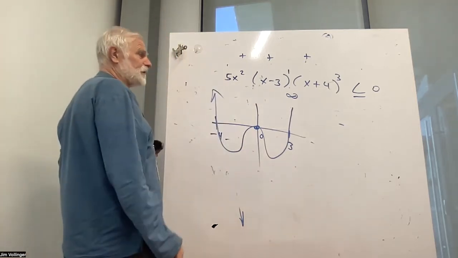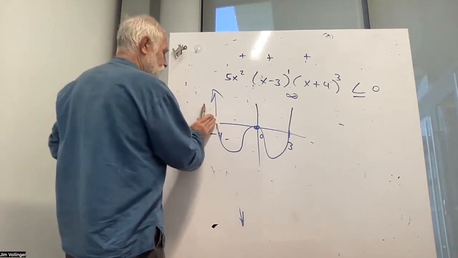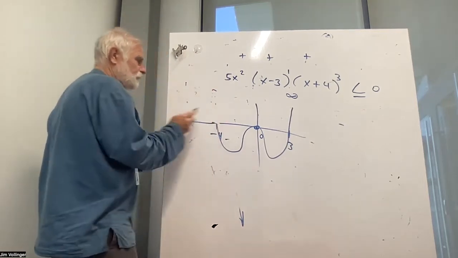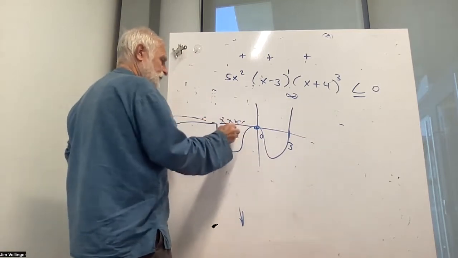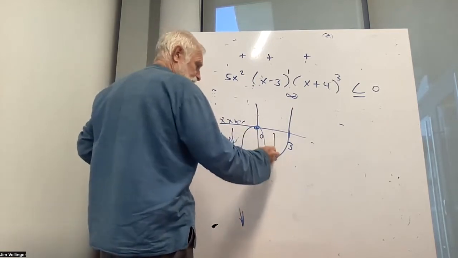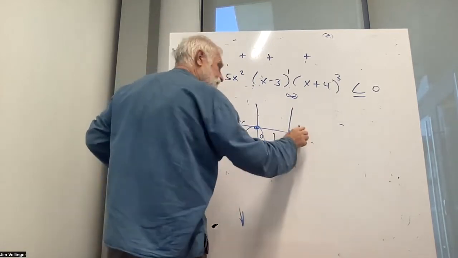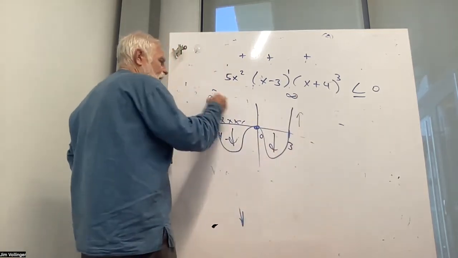And where are we less than or equal to? Well, not here. All these x's don't work. These do, because they kick out things that are less than 0. 0 works. These do, but all these x's, they kick out things bigger than 0. So that's how you would have looked at it graphically.